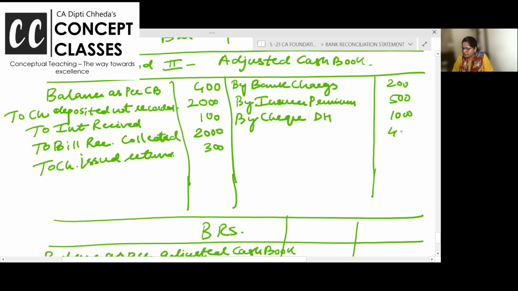I have to record it, by bill discounted, dishonored. When the bill is discounted, bank account is debited. Now on dishonor, bank account is credited. Direct payment by a customer in the bank, but not recorded in the cash book. Very good. Someone has put money in our account. Let me record here also. 700.